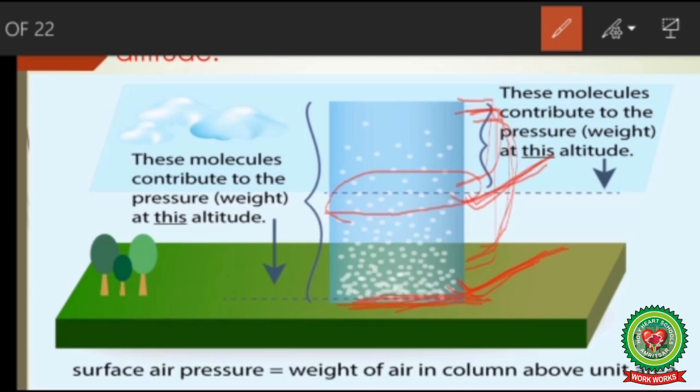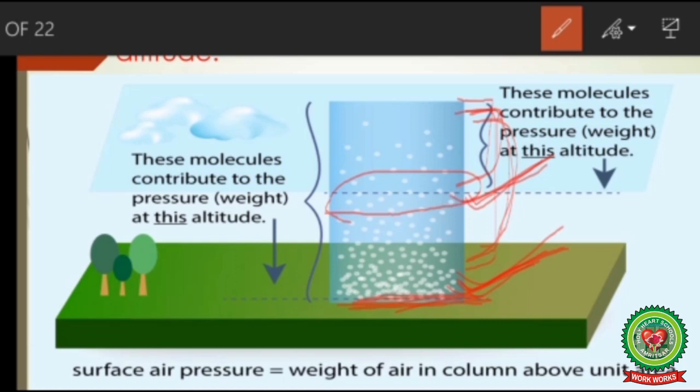There is one more reason, which is the gravity of Earth. Earth's gravity is more near the surface of Earth, and as we go up, the effect of gravity also decreases. Now, due to gravity, the Earth pulls the molecules of air towards it, right? Due to which the molecules of air come closer near the surface of Earth, they get compressed.